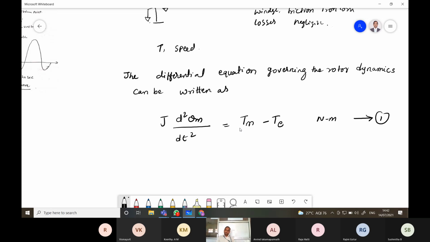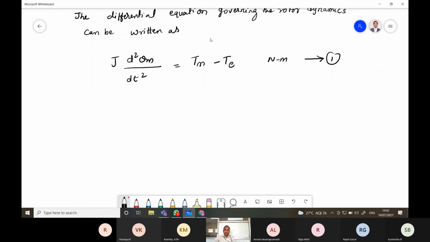In this equation, theta m is the angle in mechanical radians, and Tm represents the turbine torque, the mechanical torque, in Newton meter.